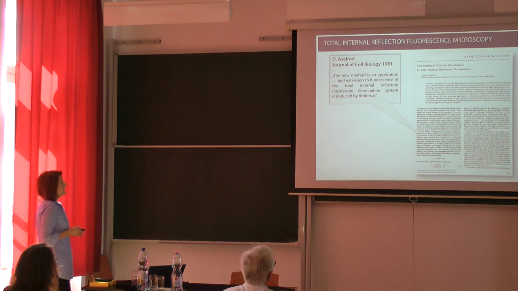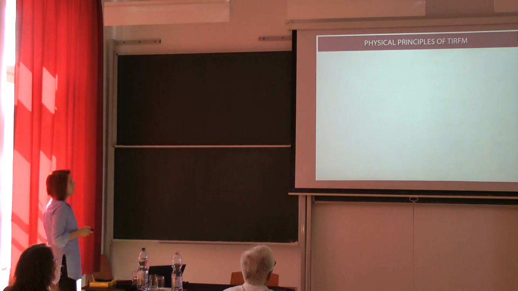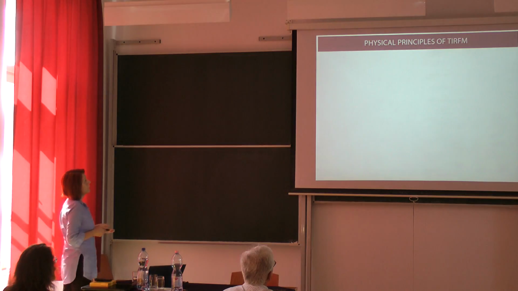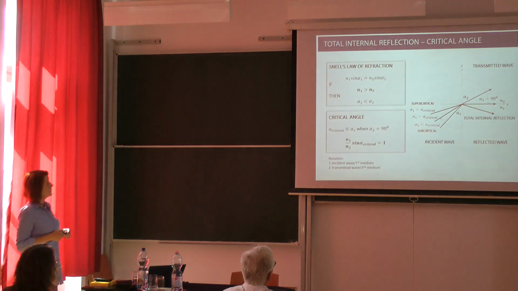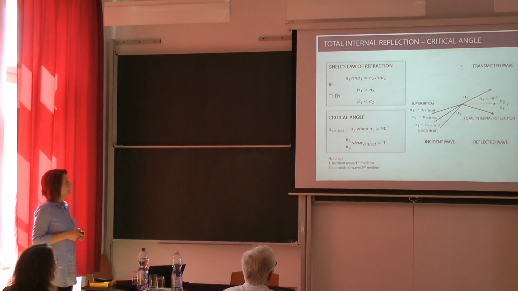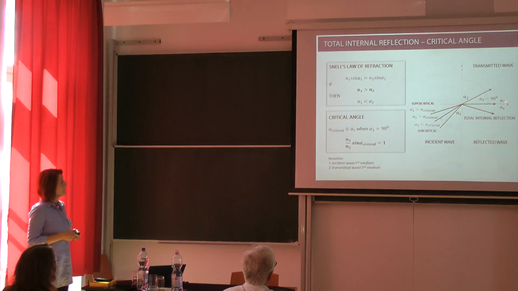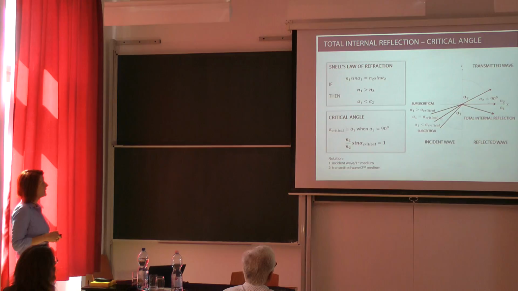Okay, so let's go a little bit to the theory. So what are the principles of TIRF? I'm sure that all of you know these basic principles, what is happening to the light when it hits the boundary of two media with different refractive indices.